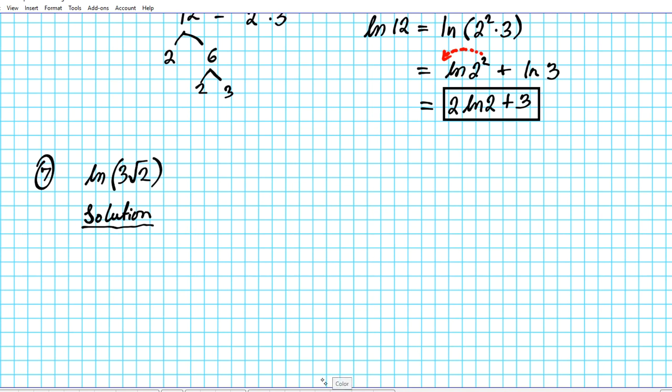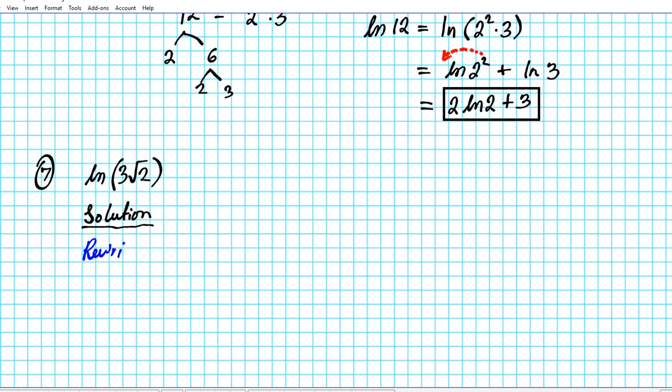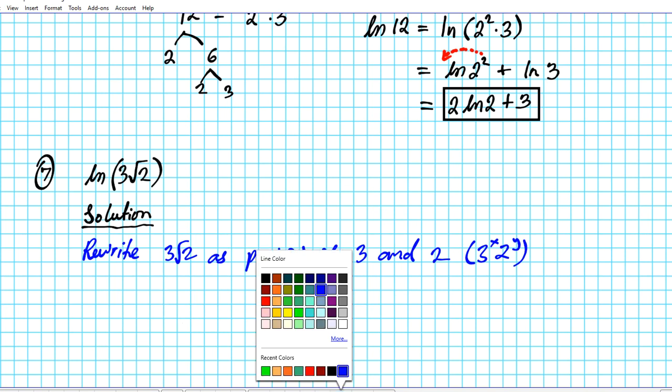So what we're going to do is rewrite 3 root 2 as powers of 3 and 2. Just like before, right? So 3 to the x times 2 to some power y. Alright, so how do we do that?